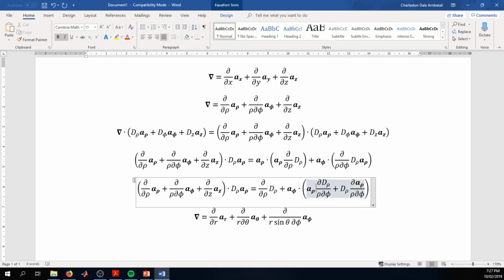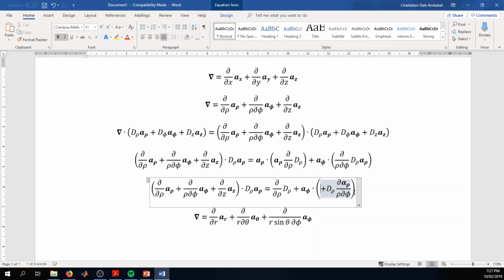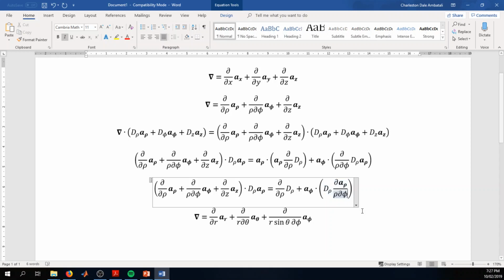Now, if we distribute this a phi hat dotted to this and dotted to this, a rho dotted to a phi is 0 because they are orthogonal. Now for this expression right here, we're getting the derivative of arrow hat with respect to phi.